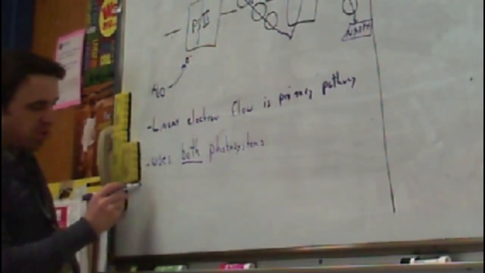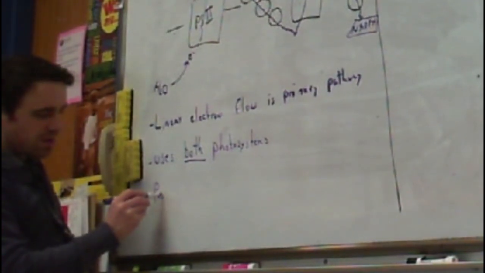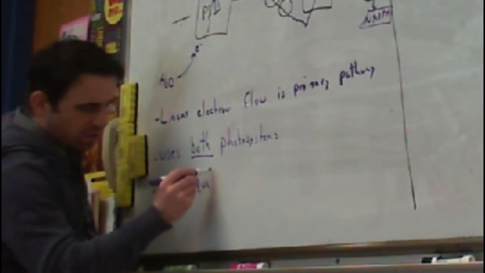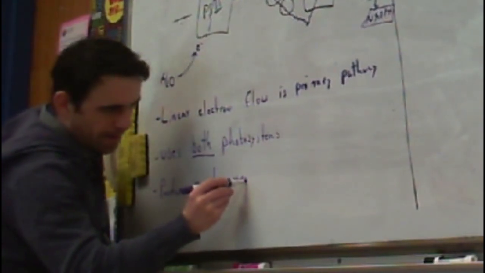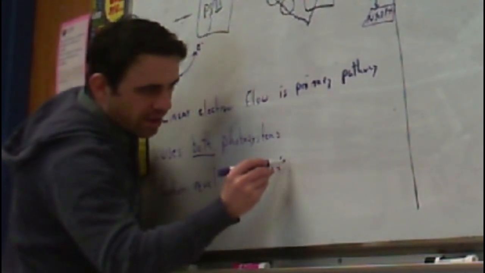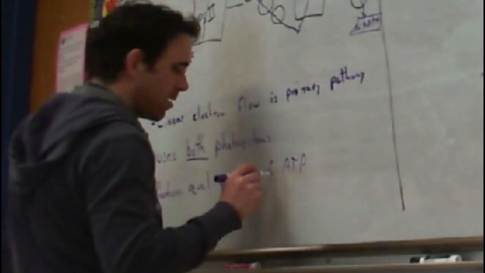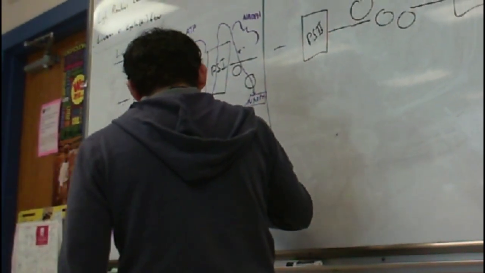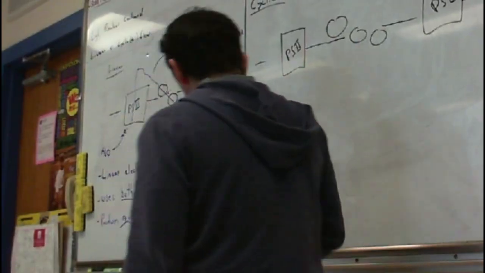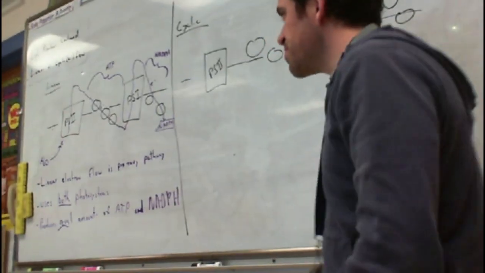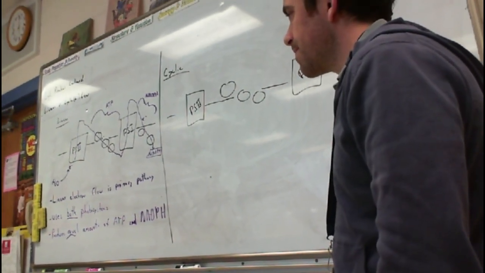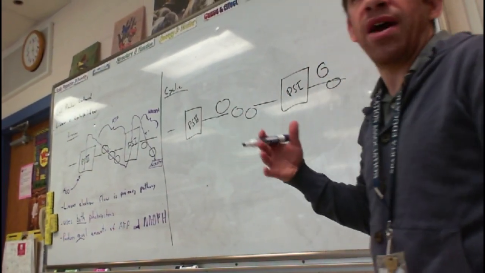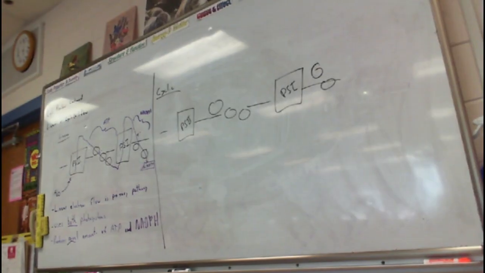So key is it uses both and produces equal amounts of ATP and NADPH. So it produces equal amounts of both of those products. And that's what we saw when we drew it out. We showed linear flow in the drawing that we did on Friday.